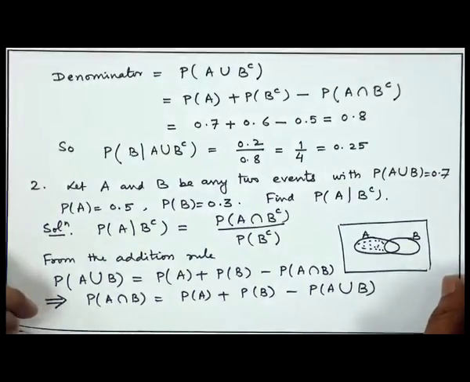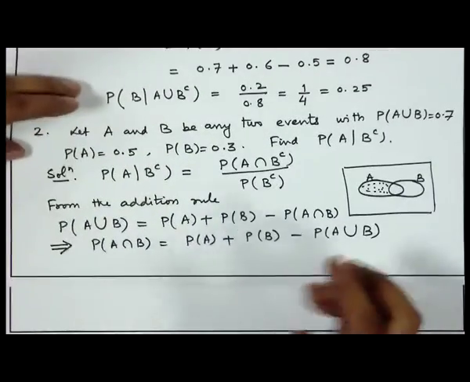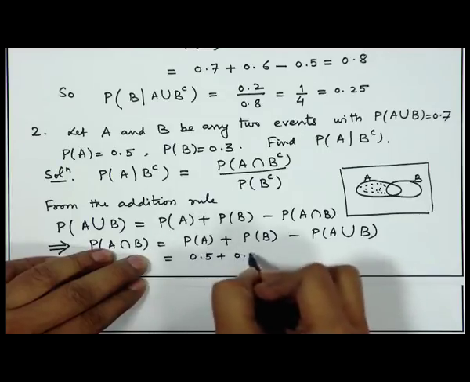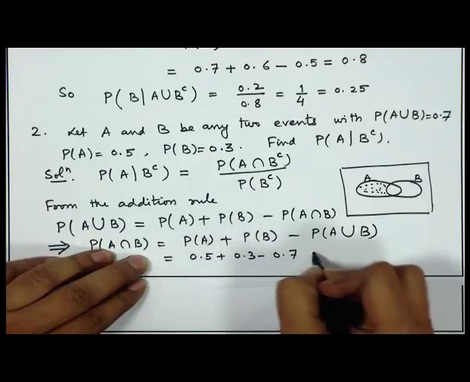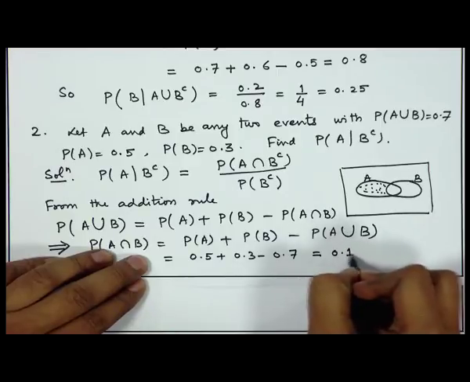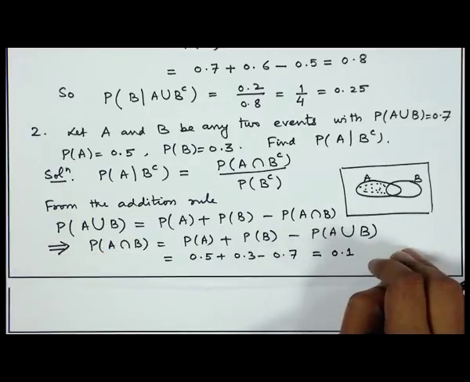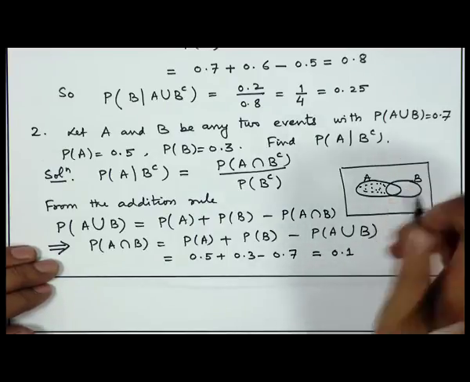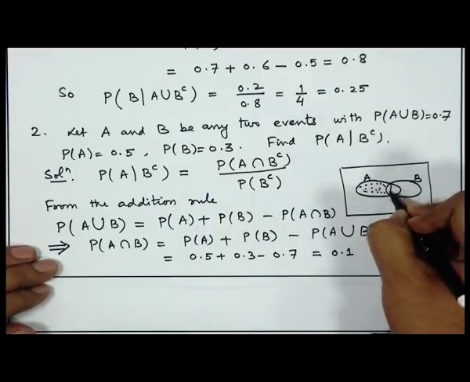So, we substitute it here and get 0.5 plus 0.3 minus 0.7, which is equal to 0.1. So, the probability of A intersection B is equal to 0.1, that is this part.